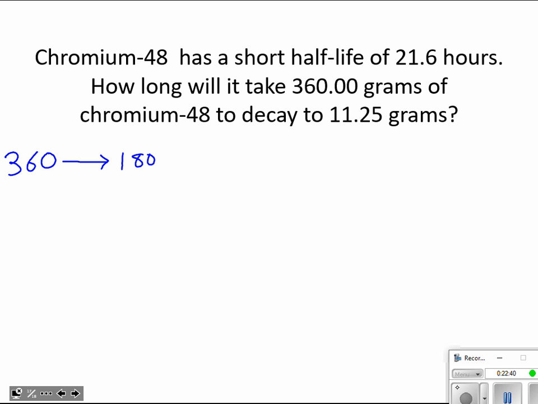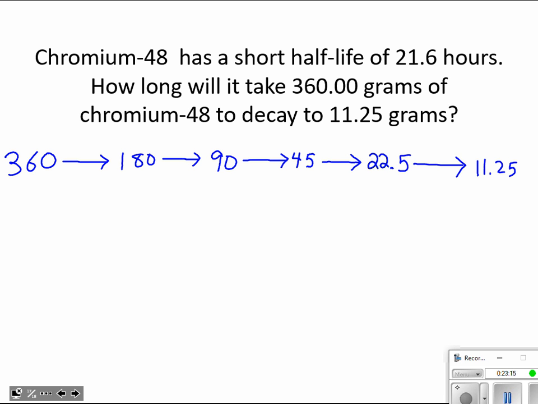So when I undergo my first half-life, I go from 360 to 180. My next one will take me to 90. My next one will take me to 45. My next one is going to take me to 22.5. And then finally, I'm going to hit that 11.25.